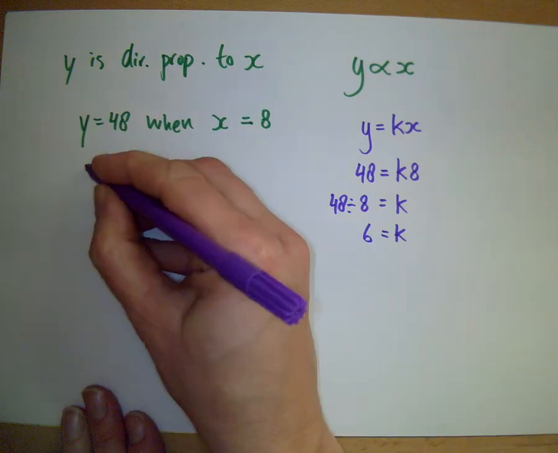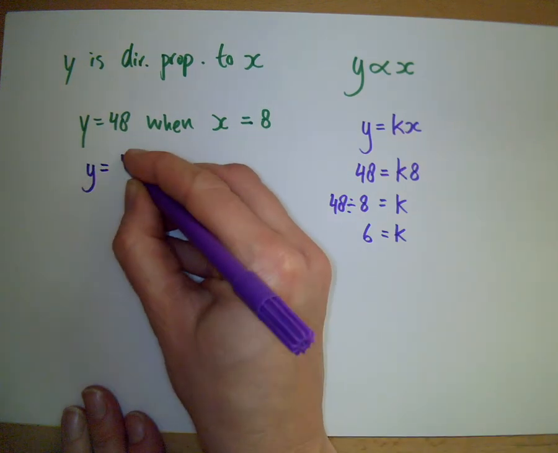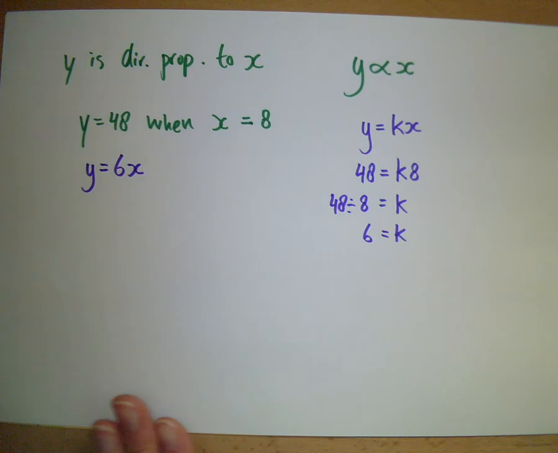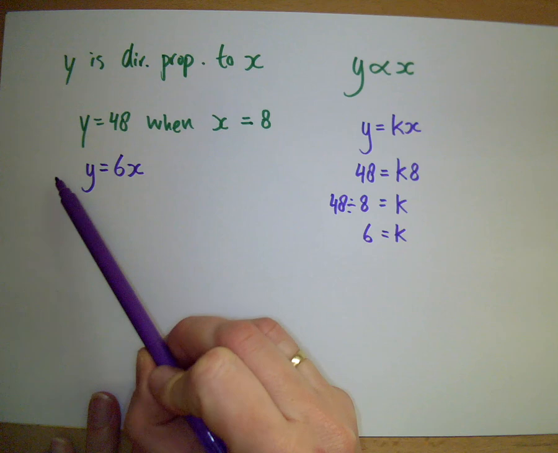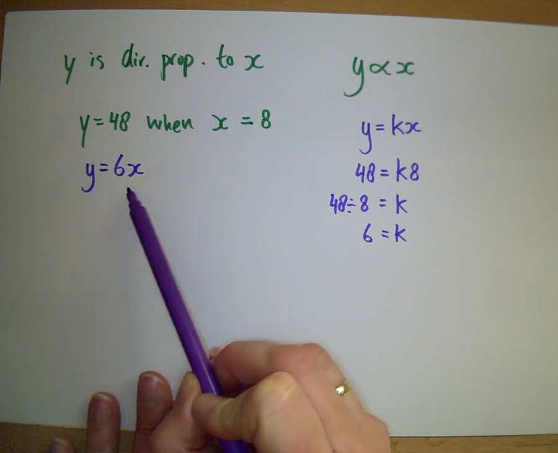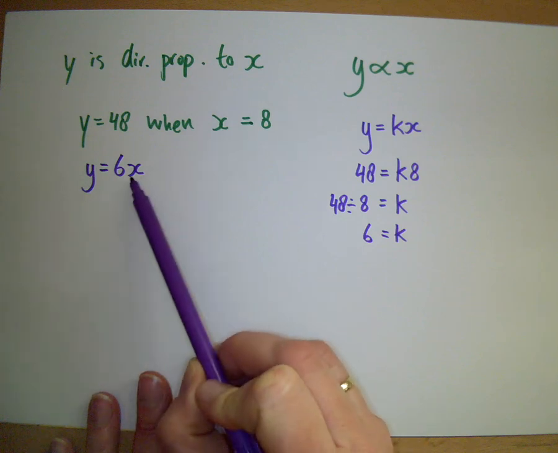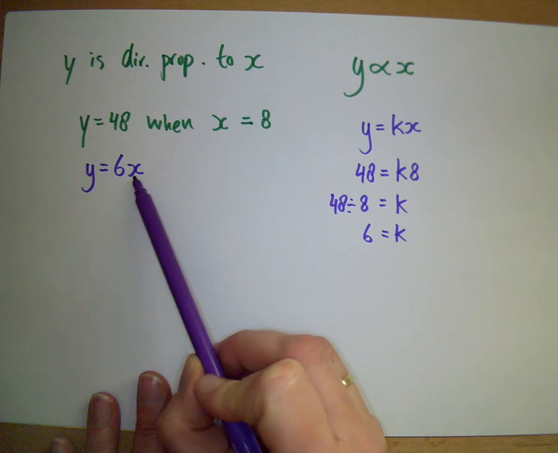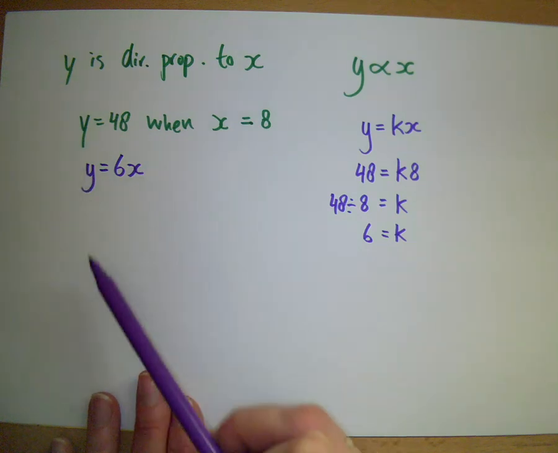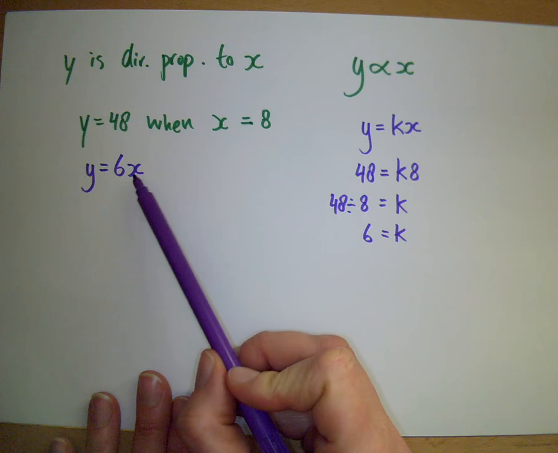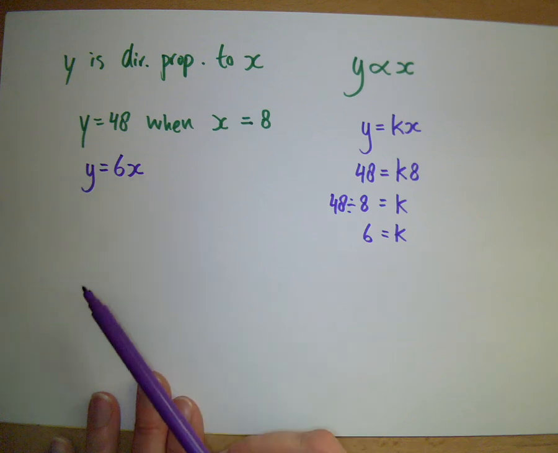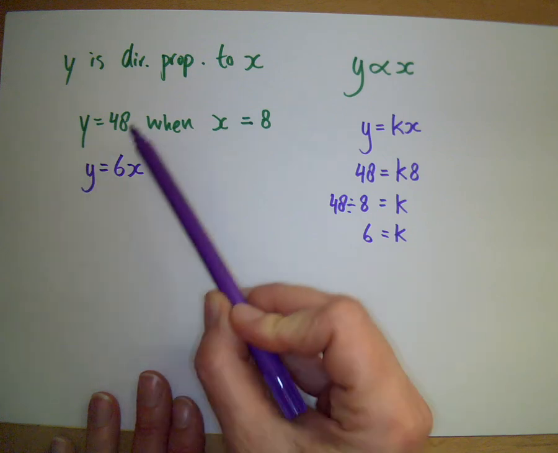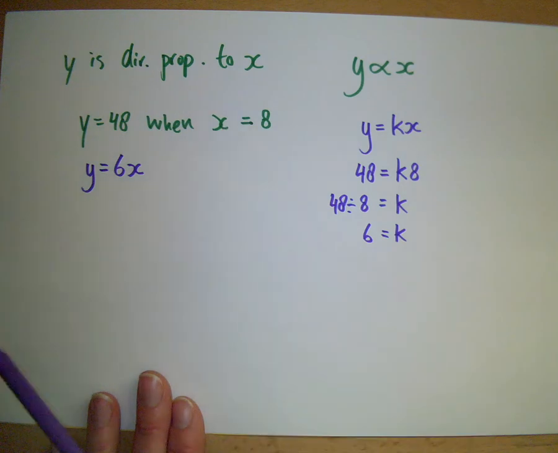K is 6, so we write it like that. And now with this formula, we have fully described the relationship between y and x. We can find any y value, any x value when we've been given the other value, right? So if I give you any value for x, you'll be able to find y. If I give you any value for y, you'll be able to find x, right? So this fully describes the relationship that these two are in.